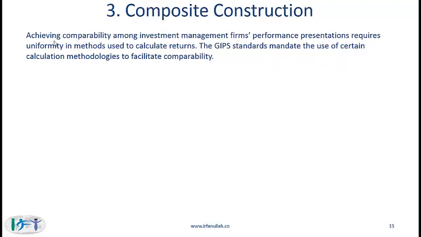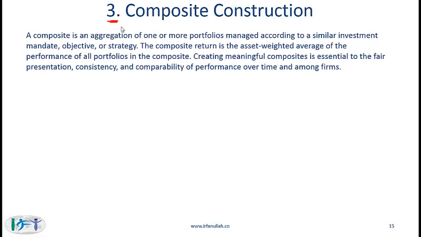Composite construction. Achieving comparability among investment management firms' performance presentations requires uniformity in methods used to calculate returns. The GIPS provision 3 is composite construction. A composite is an aggregation of one or more portfolios managed in accordance to a similar investment mandate, objective, or strategy.